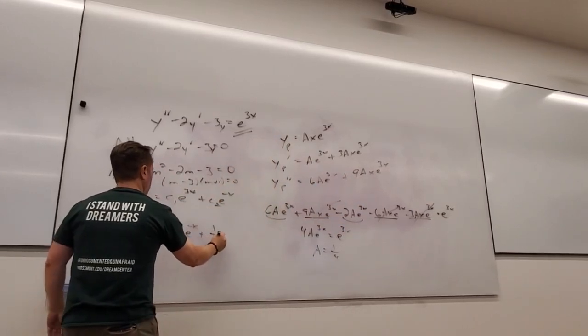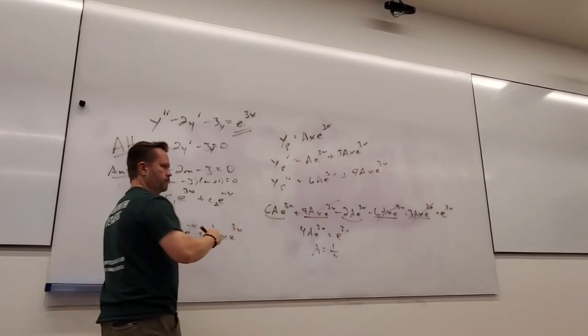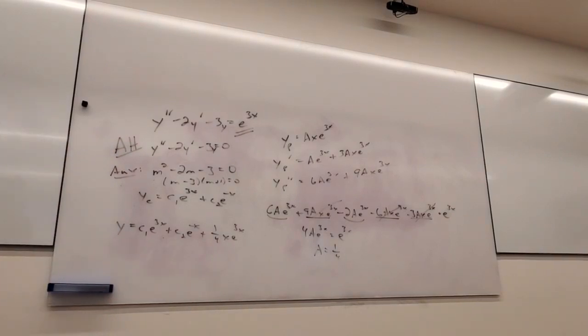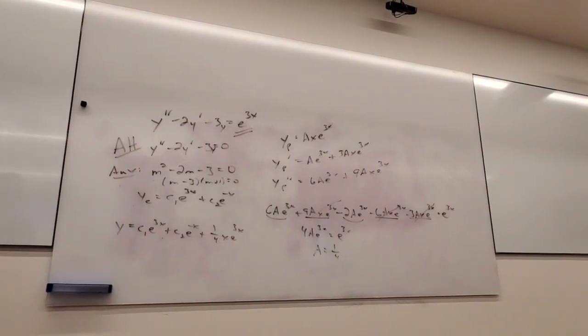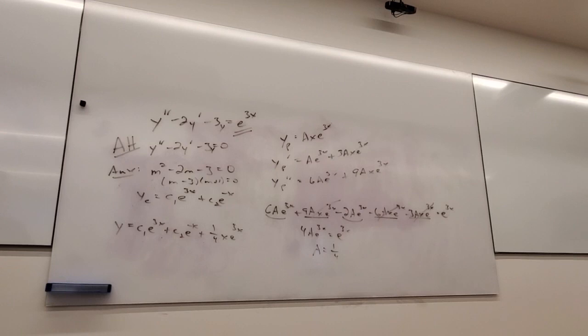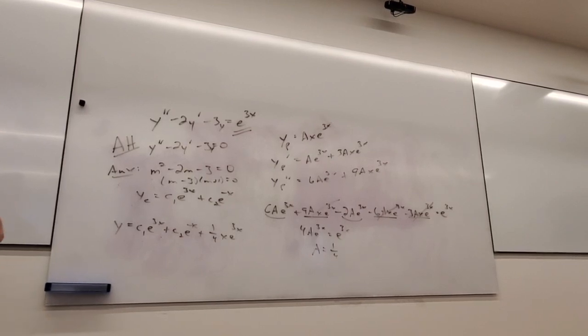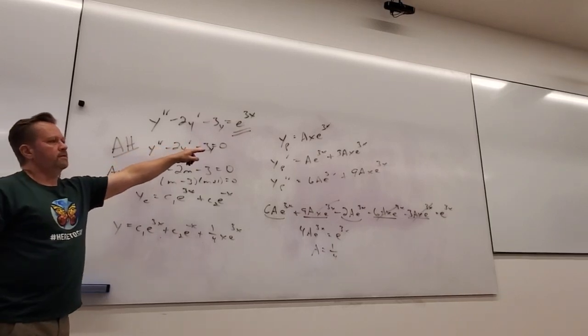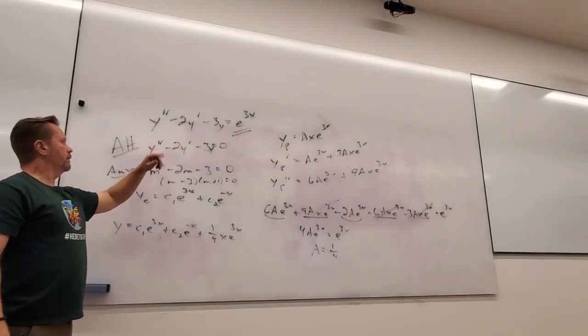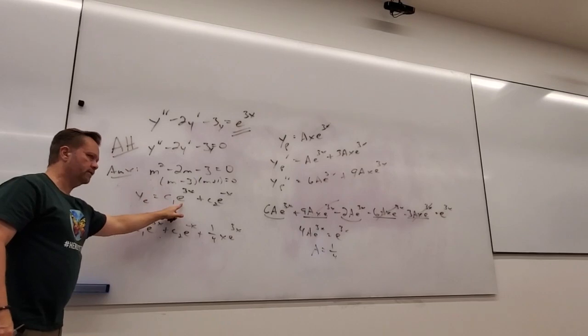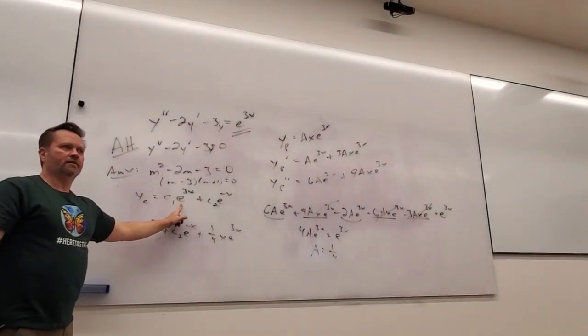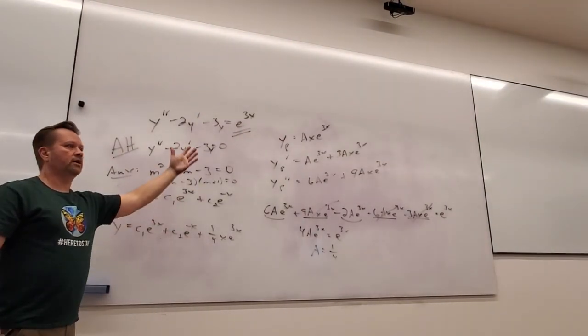1/4 x e to the 3x. All right, let me stop for a minute. The fundamental thing to get from what we just did: my yp has to also be linearly independent from these, because if not, they're going to make it 0.